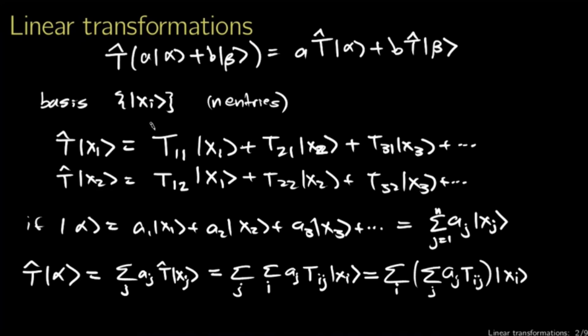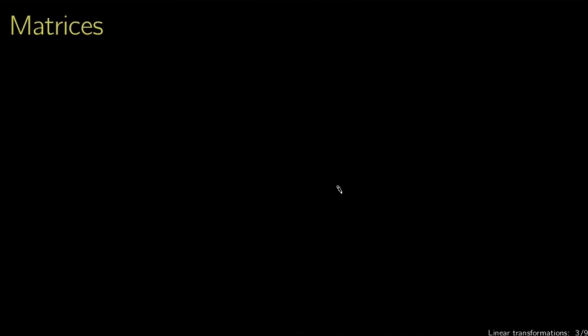What we get is these numbers, t21, t11, etc. It's convenient to represent these numbers as a matrix, instead of just writing out t11, t12, etc. We can take our t hat, our transformation, and in a basis, we end up with numbers, tij. And it's useful to write those tij's in matrix form.